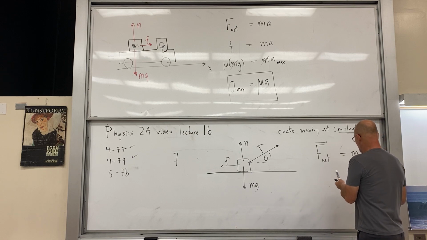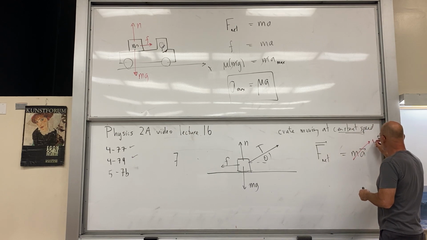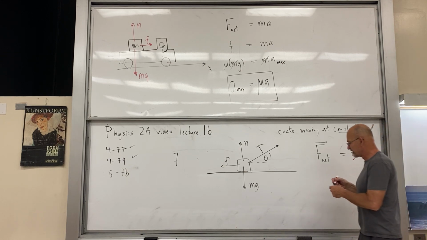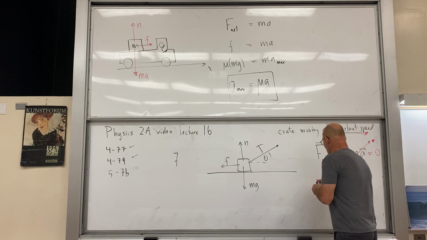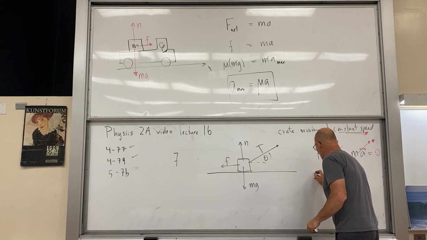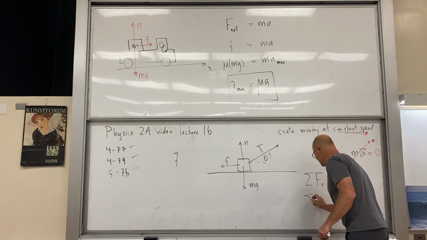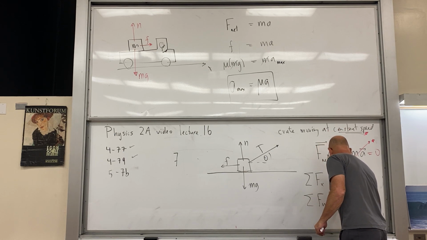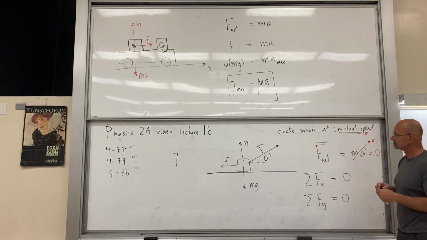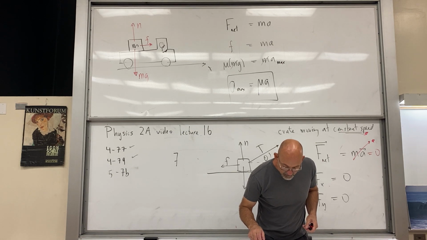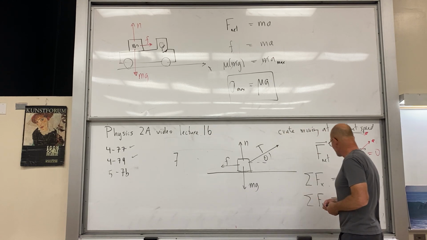So because of the constant speed here, acceleration is 0, and we have the sum of forces in the x direction equal to 0, and the sum of the forces in the y direction equal to 0. And we're trying to find the coefficient of kinetic friction in 7b.